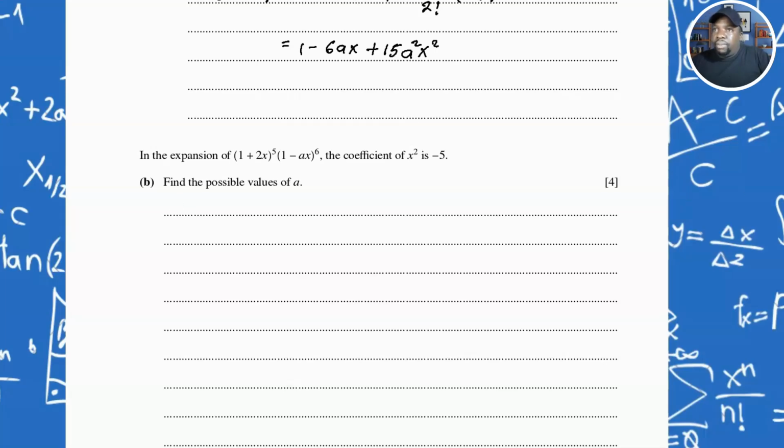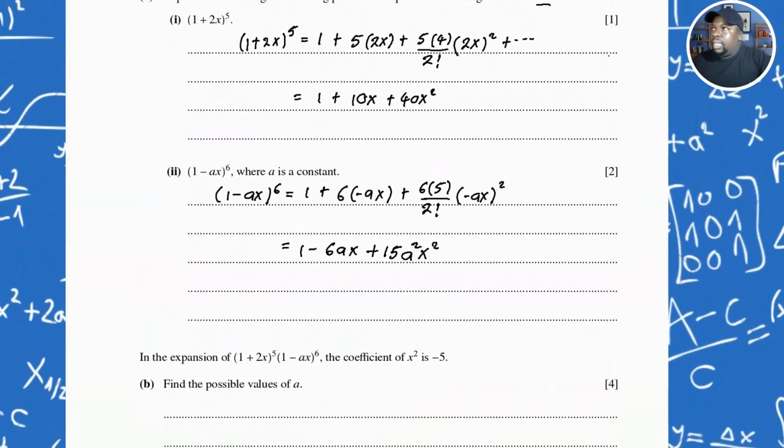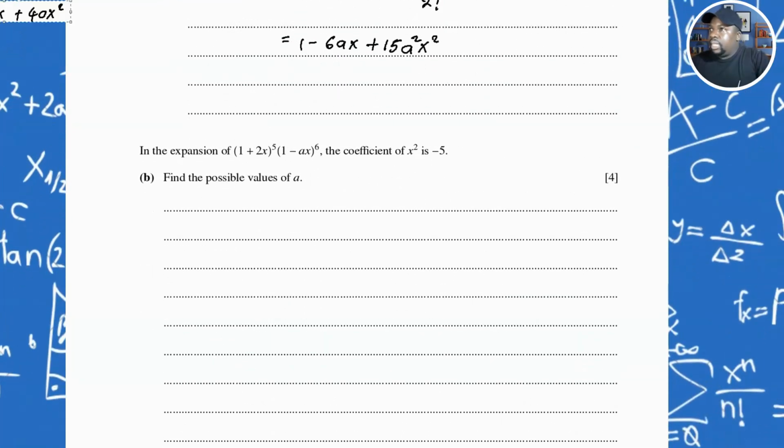So the expansion for the first one is this, up to the term in x squared. That's 1 plus 2x to the power 5. Then up to the term in x squared for 1 minus ax to the 6, we got this. So this is what we have right here.